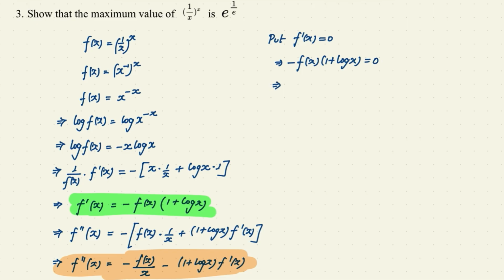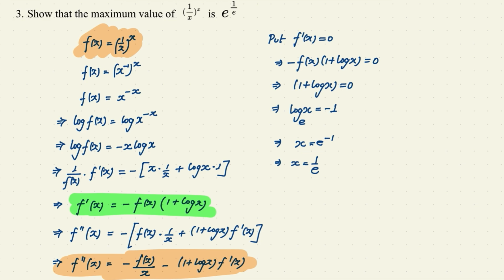Now since f of x is an exponential function, as you can see here, this cannot be equal to 0. So here I'll have 1 plus log of x equals 0, and from here I'll get log of x equals minus 1, and since this is a natural logarithm, I'll have x equals e to the power minus 1, that is x equals 1 by e. This x equals 1 by e is my critical point.